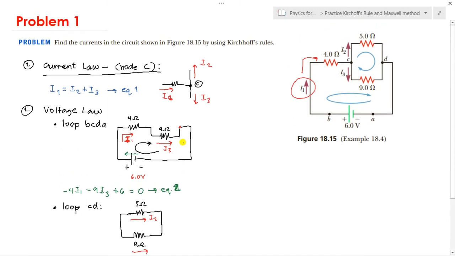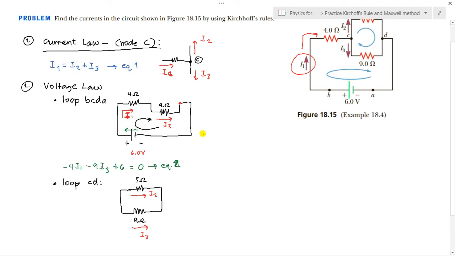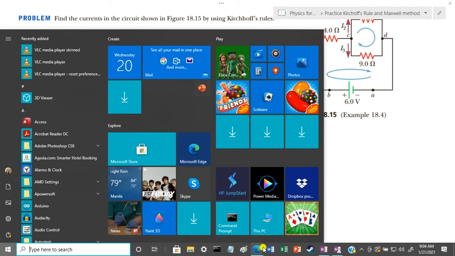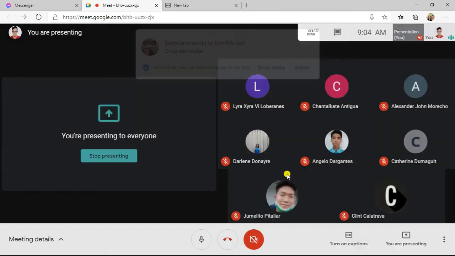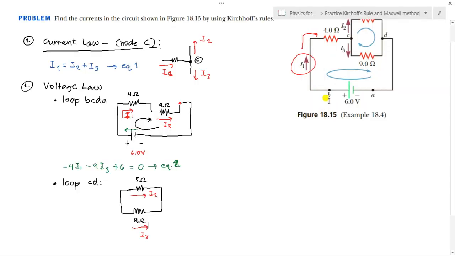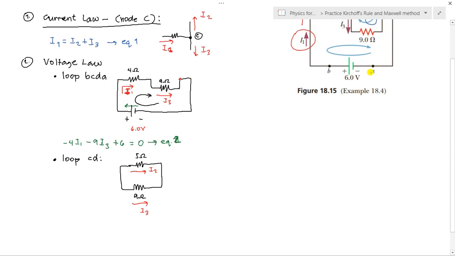Since this is our problem, indicate the direction of the current using the blue arrow. This blue arrow is the assumed direction. Again, in analyzing Kirchhoff's law, Maxwell and Kirchhoff said not to worry about the assumed direction of the current. We put it here, and we assume that we follow that direction. Anything that goes against that direction has the opposite sign. For our first loop, that is our assumed direction, and anything that goes against it changes its sign.